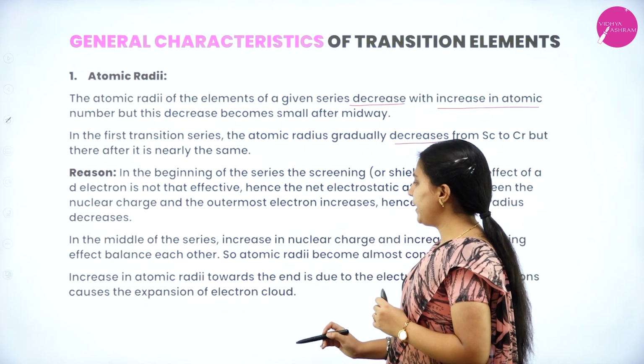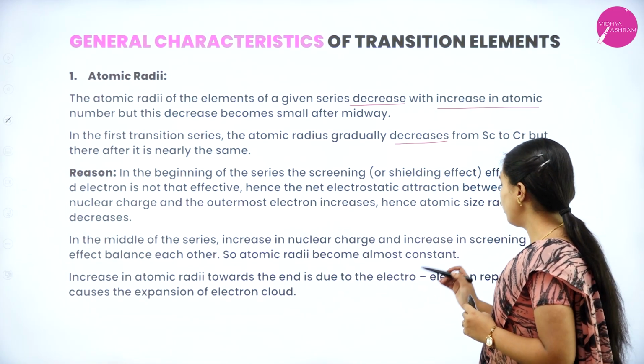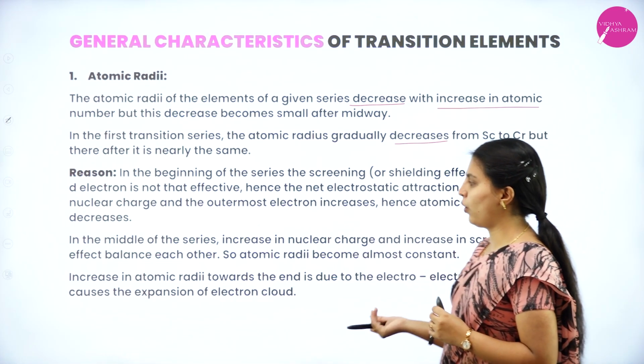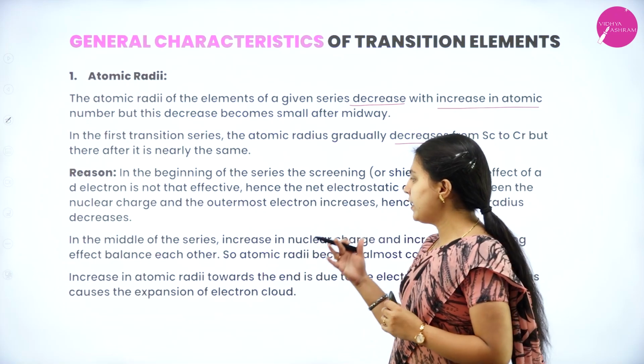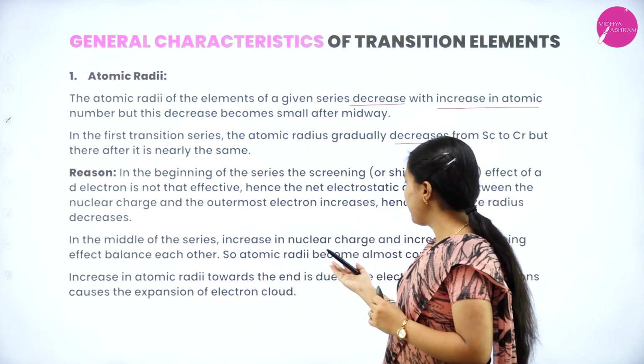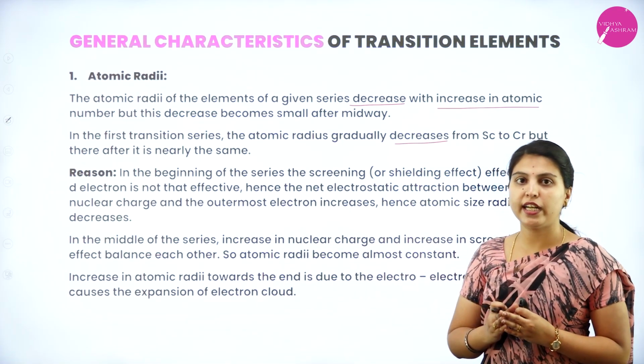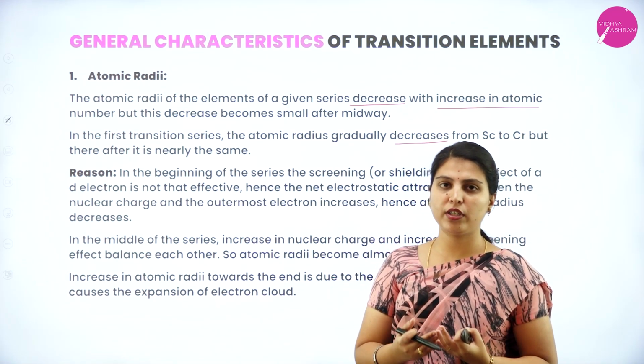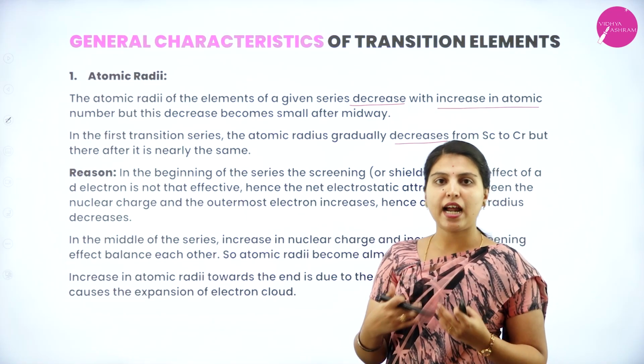Increase in atomic radii towards the end is due to the electron-electron repulsions, which cause the expansion of the electron cloud. We know that an electron is negatively charged and another electron is also negatively charged. They will start repelling.